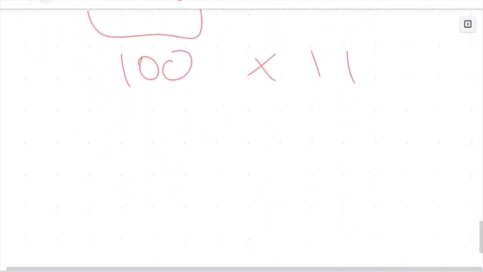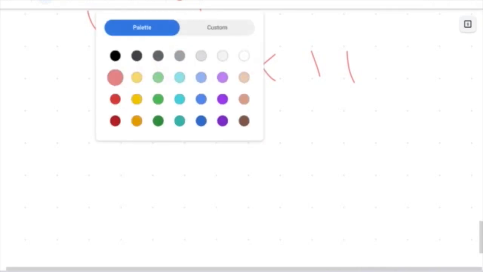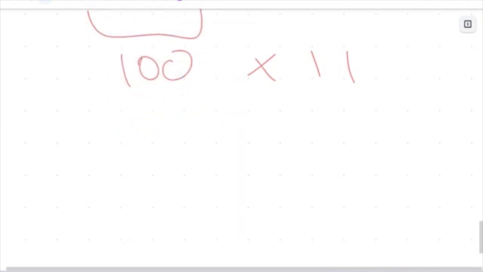Now here, the number's kind of big, so I'm going to go back to what I know about my distributive law. I'm going to break this 11 down into 10 and 1. So in the end, we always kind of go back to our distributive law anyway.